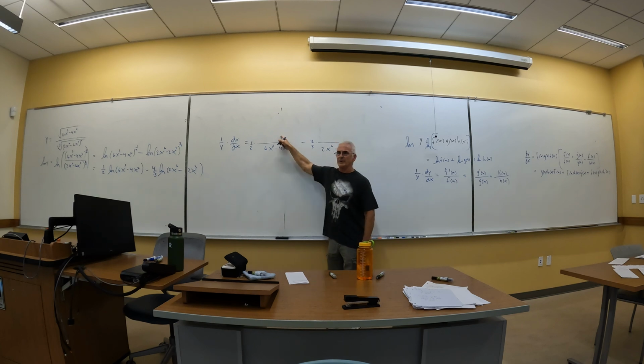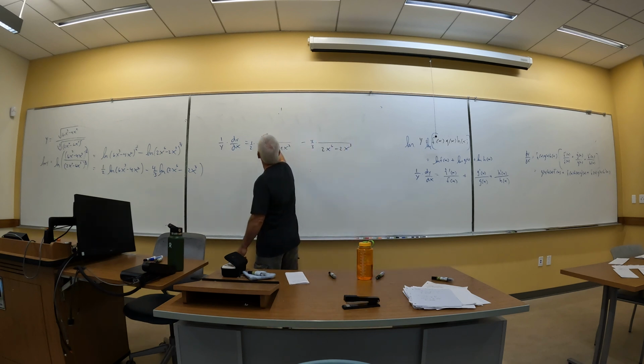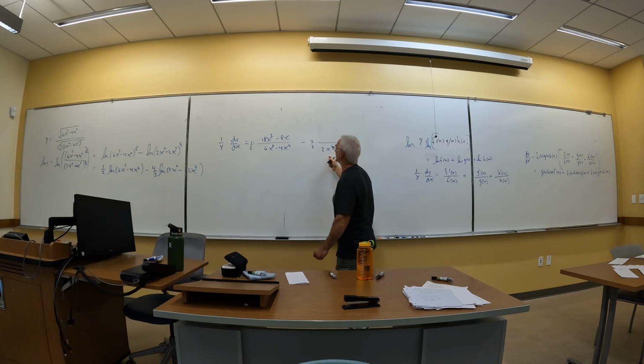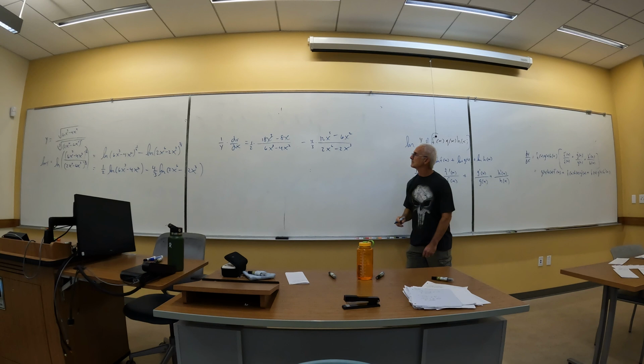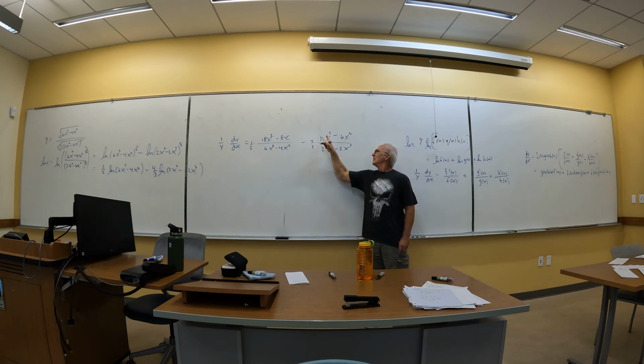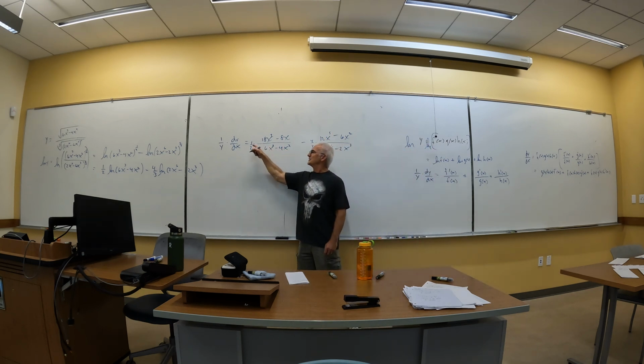What goes in the numerator here? 18x squared minus 8x. What goes in the numerator here? 12x to the 5th minus 6x squared. Can I distribute both of these fractions into the numerator?